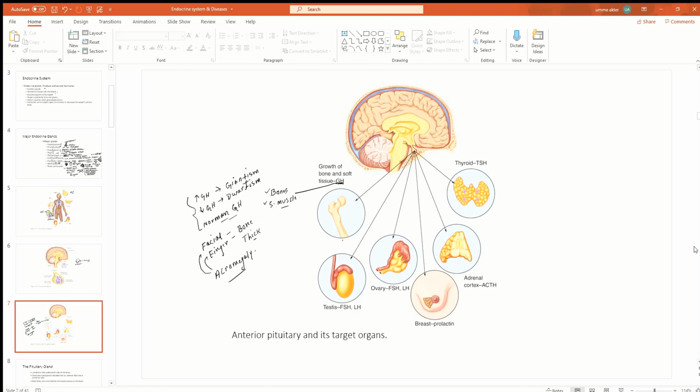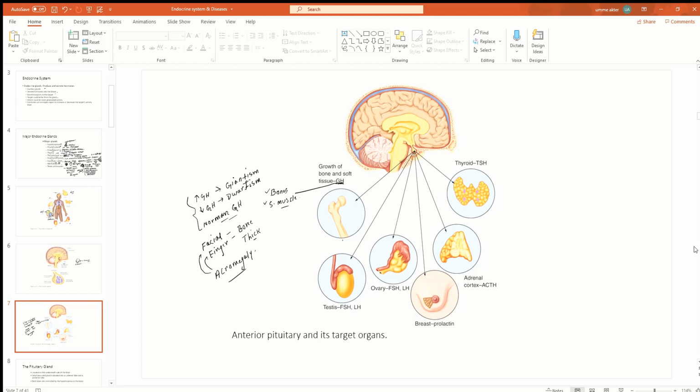The mandible is pushed forward, and the fingers are thick. So those are some clinical conditions related to abnormal secretion of growth hormone.